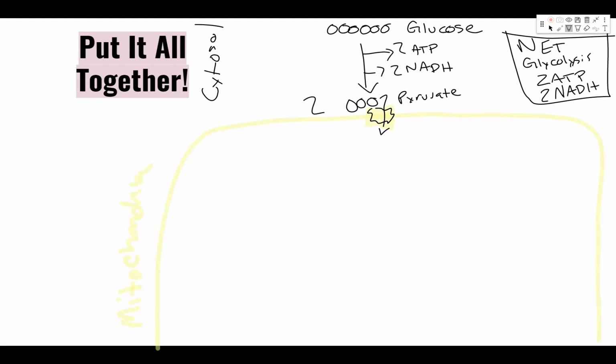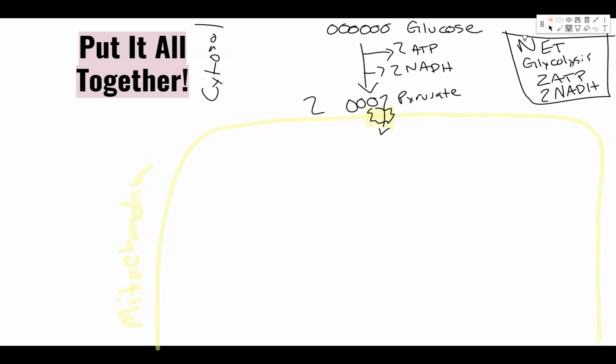Those pyruvates are going to be actively transported into the mitochondria. From there, we have the oxidation of pyruvate. That's our little intermediate step.